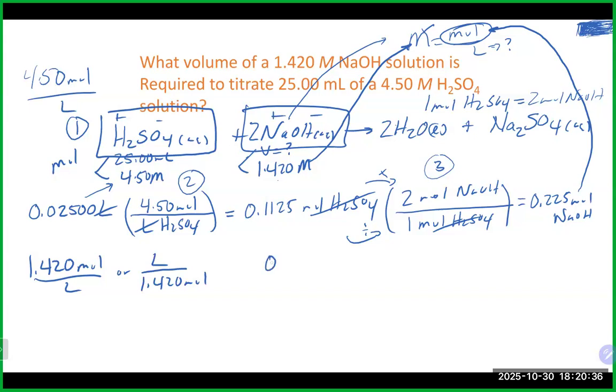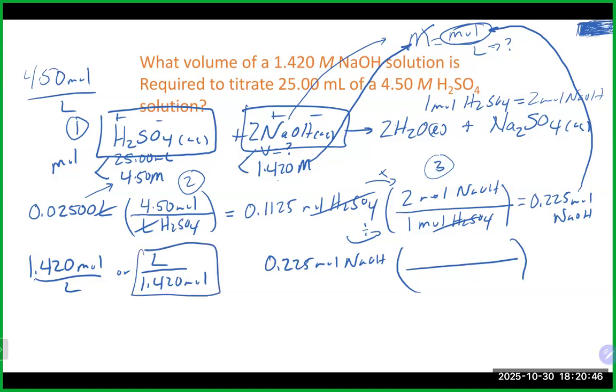So if I take my moles of sodium hydroxide here, and again, just do dimensional analysis, we want moles on the bottom. So we do actually want to use it in the flip version. And we're going to put 1.42 moles per liter sodium hydroxide on the bottom.